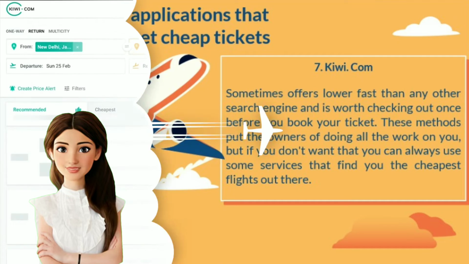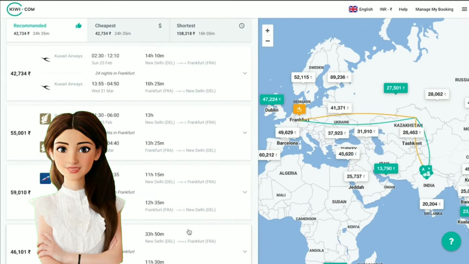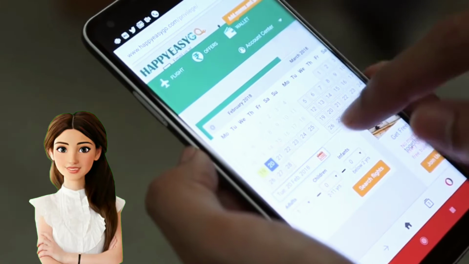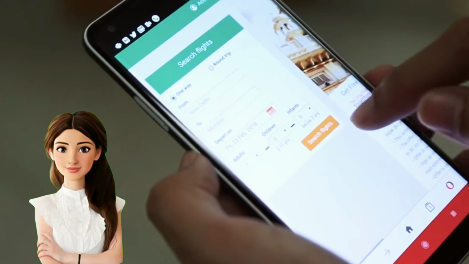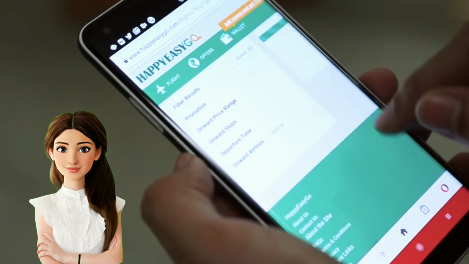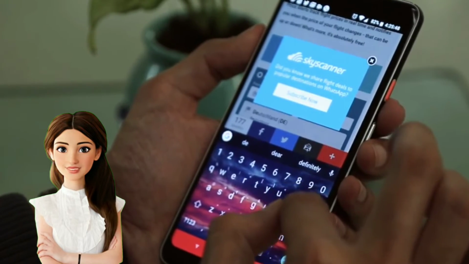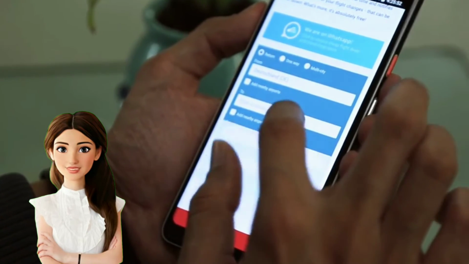But if you don't want that, you can always use a service that finds you the cheapest flights out there. These services send you email alerts for the cheapest fares, and they rely on subscription money to keep their business running, which means they don't get referral fees from your bookings, and that means you will get good, bigger deals to the destination.